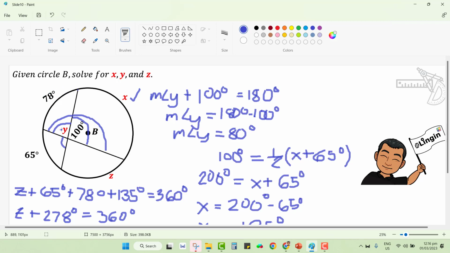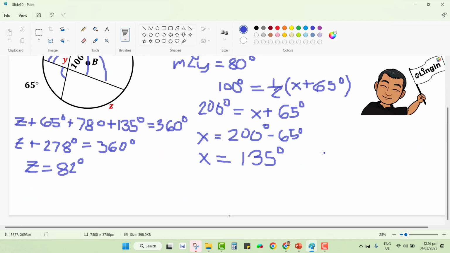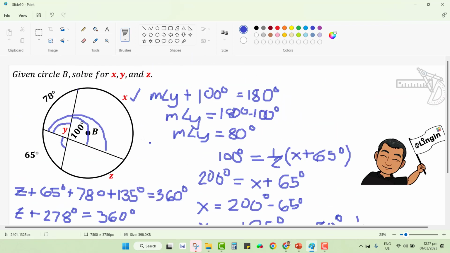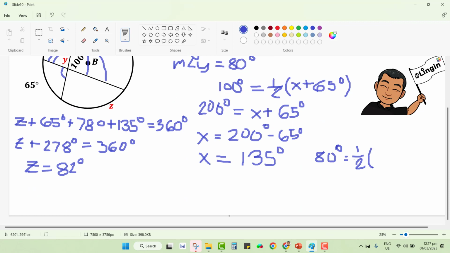Y is already 80, so 80 degrees is equal to 1/2 the value of its intercepted arcs, 78 plus the value of z here, which we don't know yet. This is another way of checking that. So that's 78 degrees plus z.